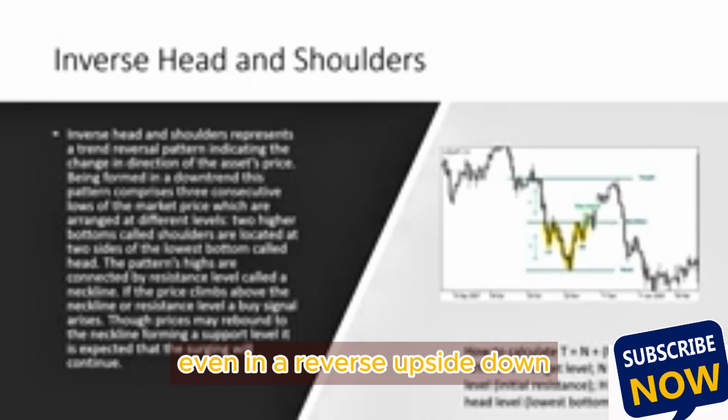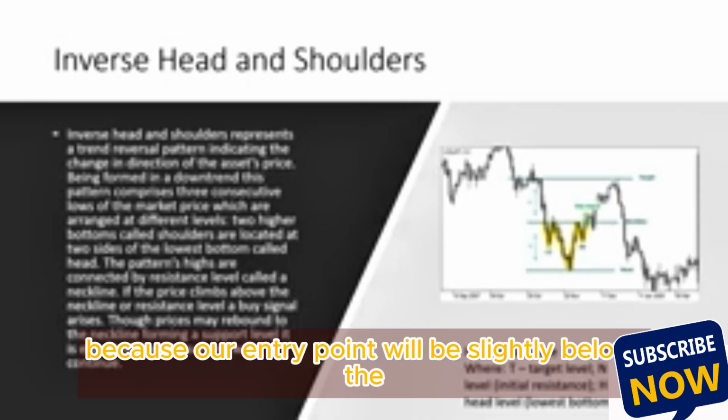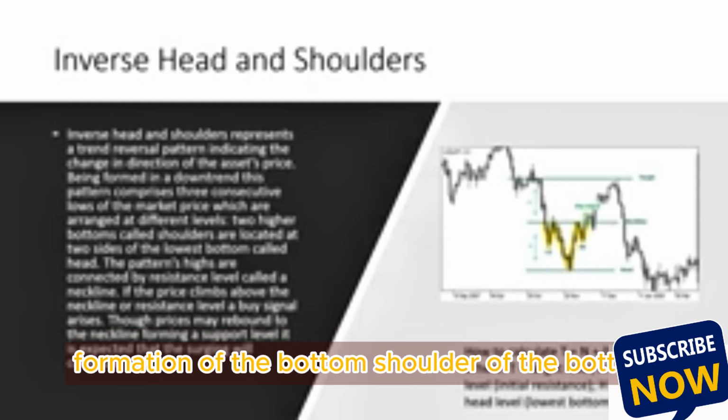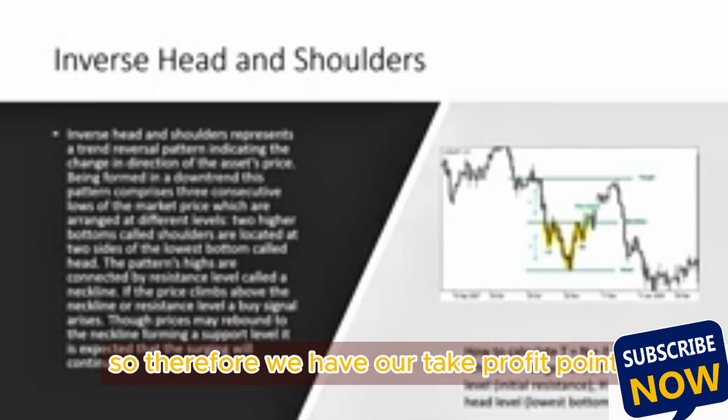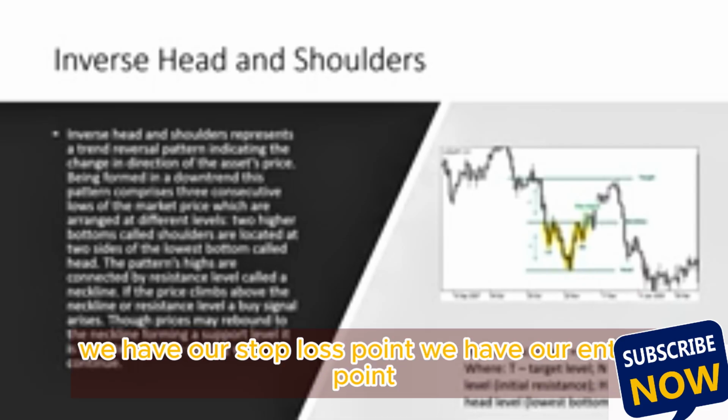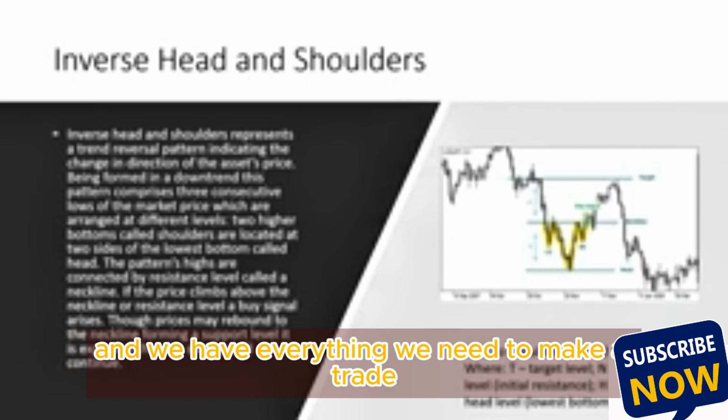Even in a reverse upside down. So once we have our target, we also have our entry point, because our entry point would be slightly below the formation of the bottom of the shoulder. Our stop loss point would be the top height of the shoulder. So therefore we have our take profit point, we have our stop loss point, we have our entry point, and we have everything we need to make a trade.